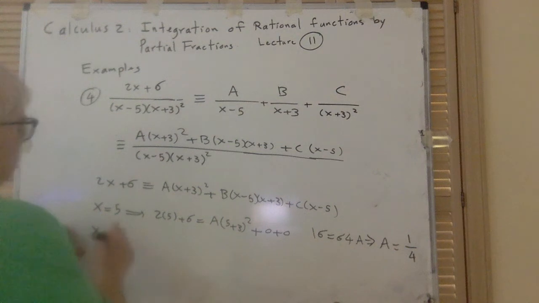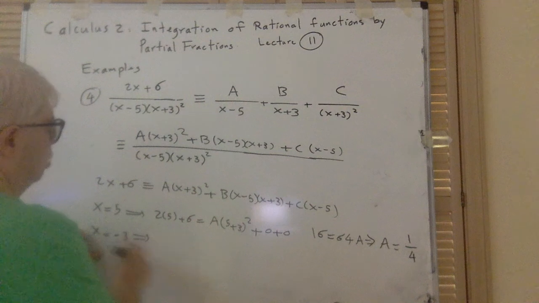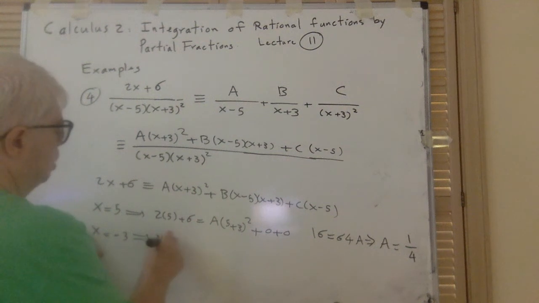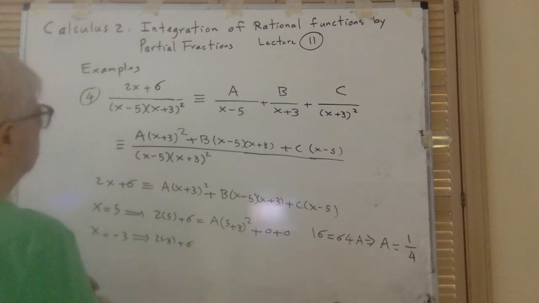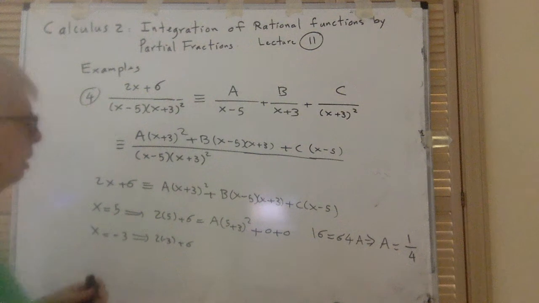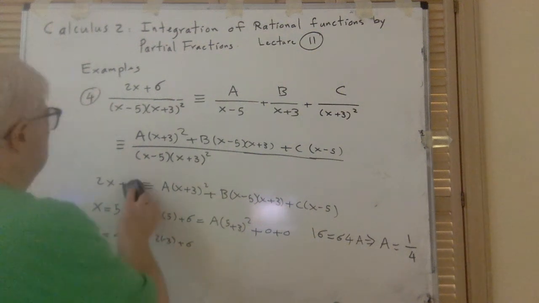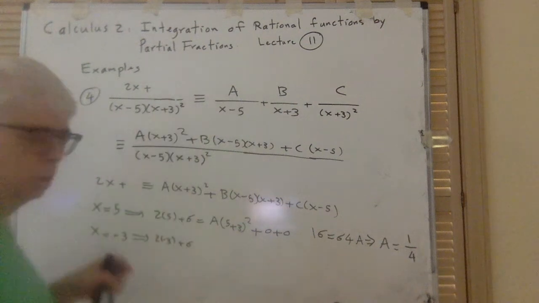X is negative 3, so let's find another one. 2 times negative 3 plus 6, oh gee, that's 0. No, I don't want 0 here. So let's change something. I don't want 0, because then everything is 0. So let me change this to, say, 8.